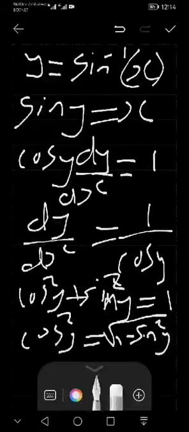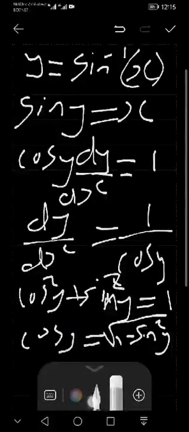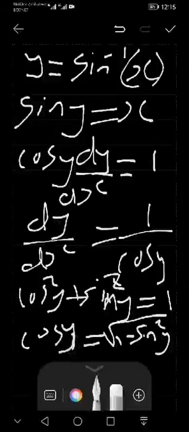I just bring the sine squared y to the other side where there's a 1. So we have a plus in the middle, it will be a negative. Then we take square root both sides to find cos y. So this is just cos y, right? This is cos y because we took square root both sides. So the square and the square root will cancel out.